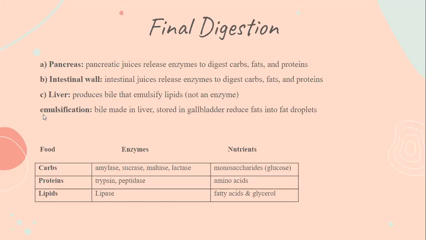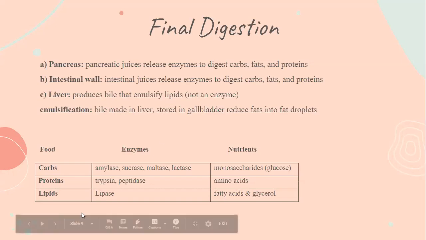Bile is made in the liver, but it's stored in the gallbladder, which is probably another organ you've heard of. It's very small. It's green in color because of all the bile, and it reduces fats into fat droplets, so it breaks down the fat even more. Oh, and lipids is basically a fancy word for fat. So the liver and gallbladder really focus on the fats and lipids.